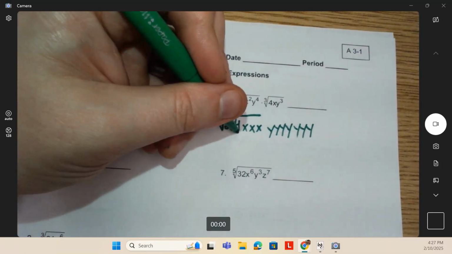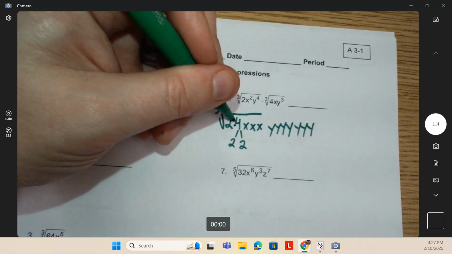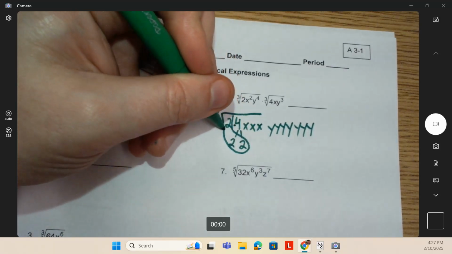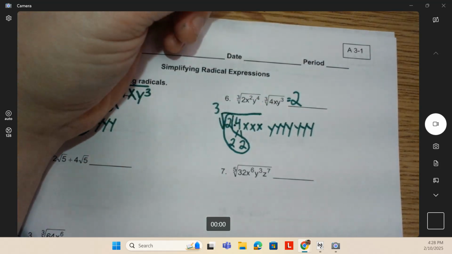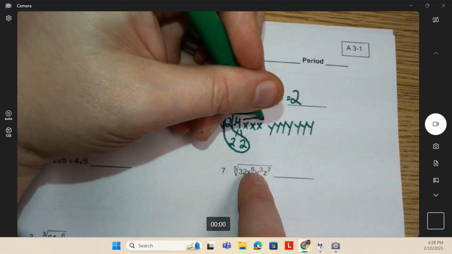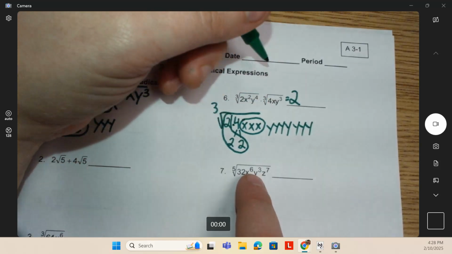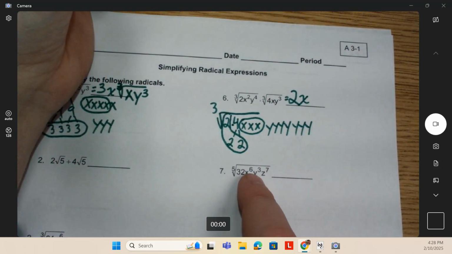So splitting up, that 4 splits up into 2 more 2's, which means I've got a group of 3 that'll get to go on the outside. Then I've got 3 x's, and I need a group of 3 to be able to hop outside. So once I circle it, it's going there on the outside.